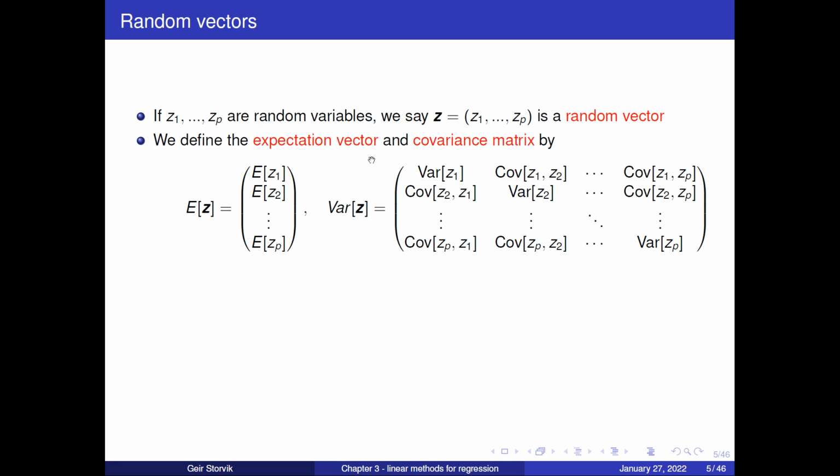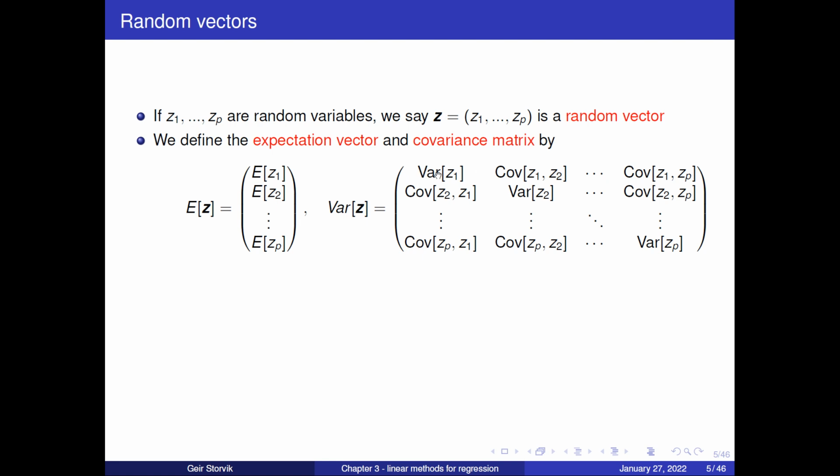But then, when we want to generalize variance, it is a bit more complicated, because now we not only want to say something about variances, but we also want to say something about covariances. And we structure all those ingredients in a matrix, where at the diagonal we specify the variances for each of the p variables.